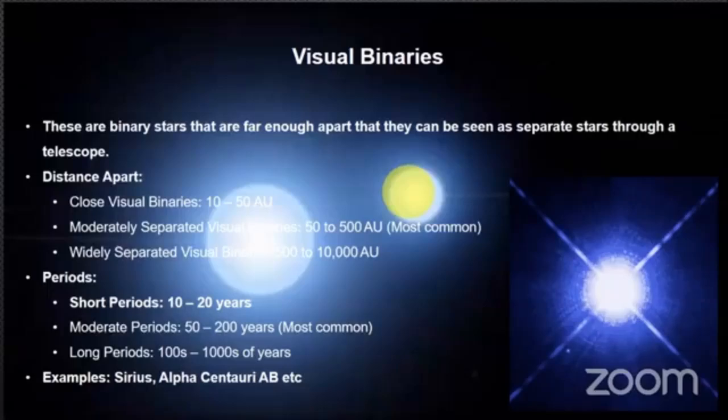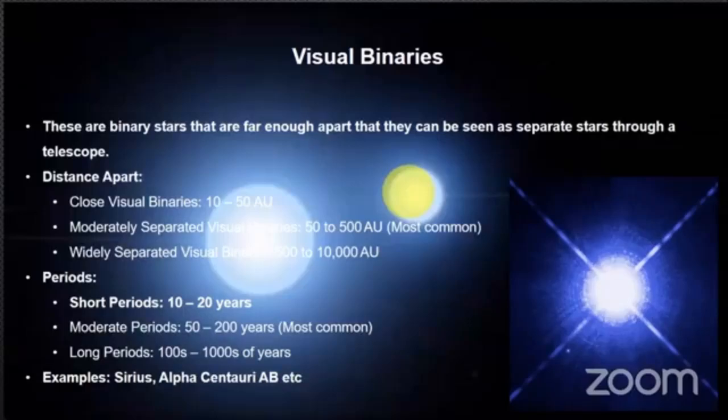In fact, they are binary stars and they are gravitationally bound. So in describing their distances apart, we have close visual binaries. Their distance apart is between 10 to 50 astronomical units. Then we have moderately separated visual binaries, and their distance ranges from 50 to 500 astronomical units. And these are the most common visual binary stars.